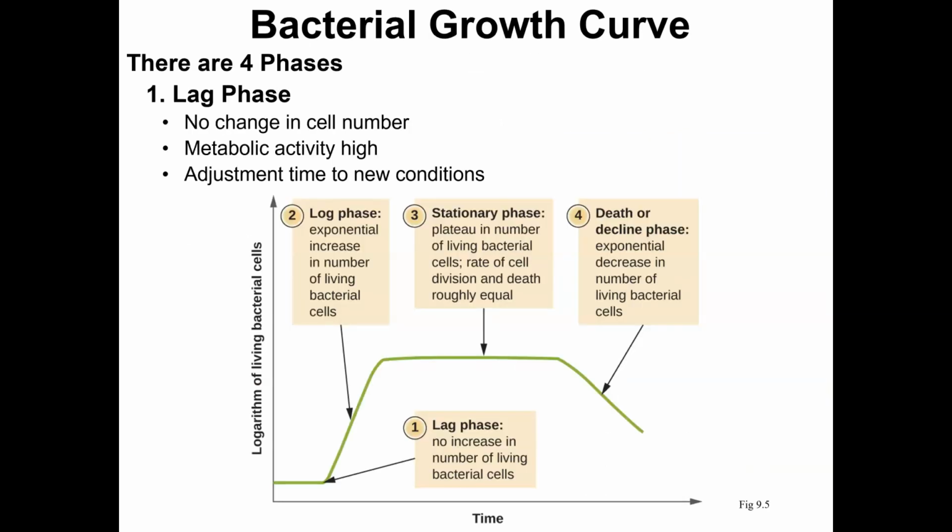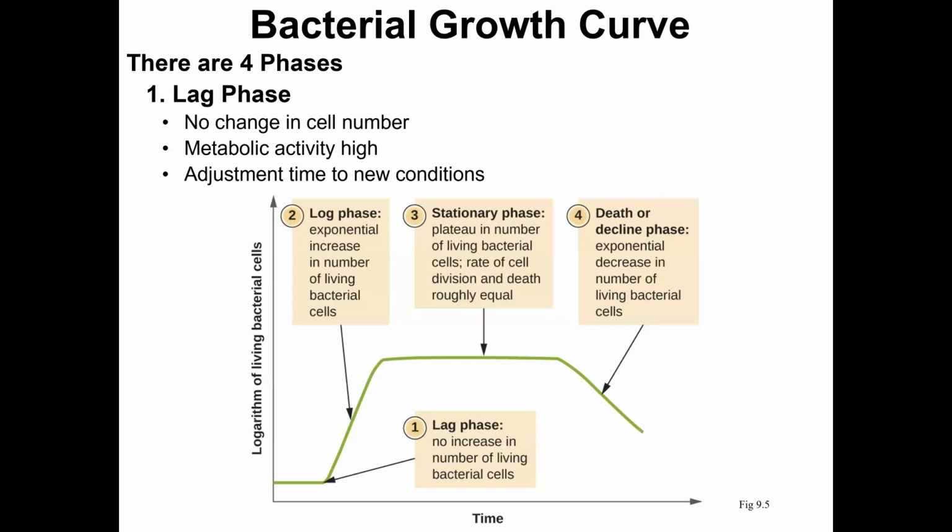So while it is kind of gloomy that you're sentencing these poor cells to death, you do get valuable data from it. So, growth curve data. This is what you're trying to plot here. Let's look at the axes. It says the logarithm of living bacterial cells.